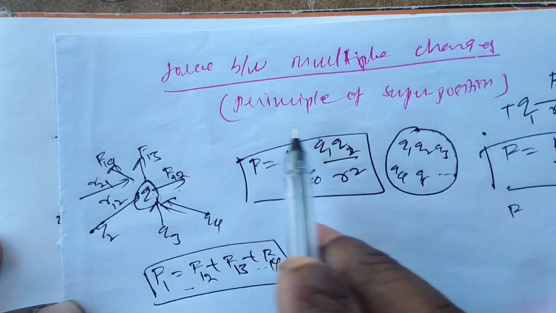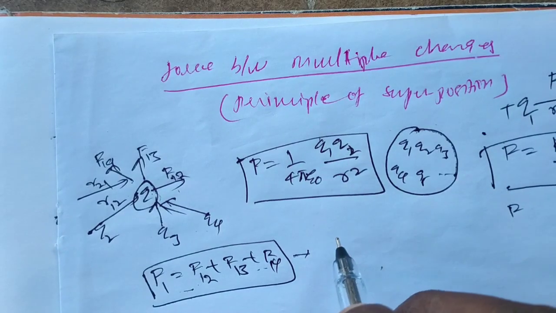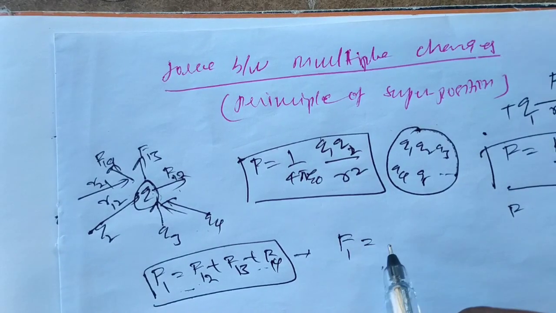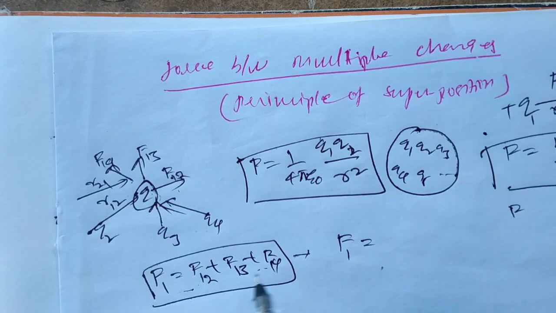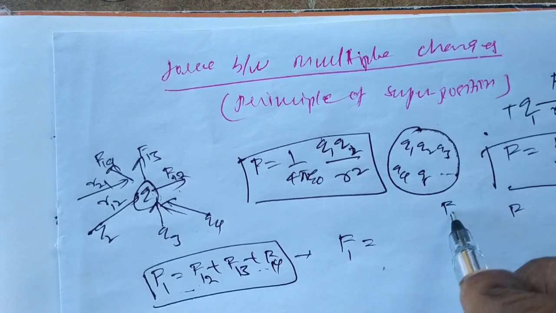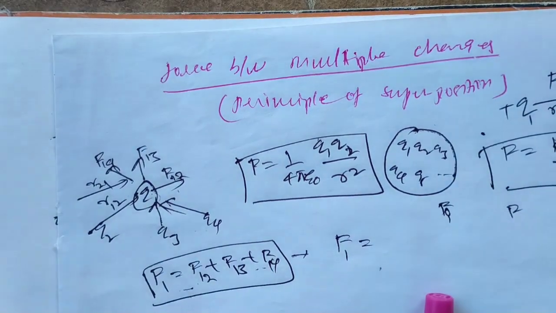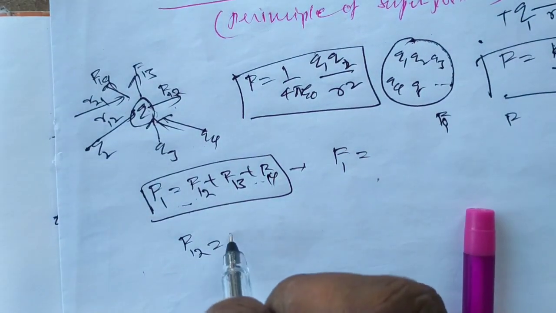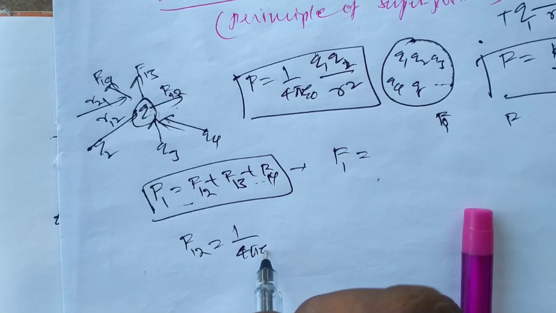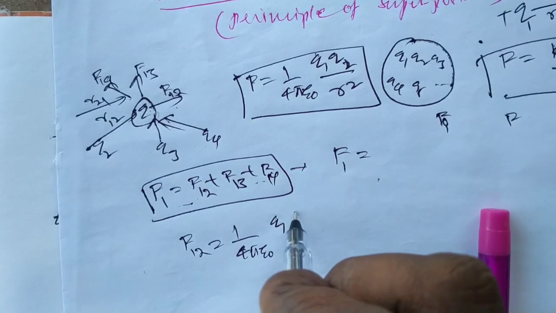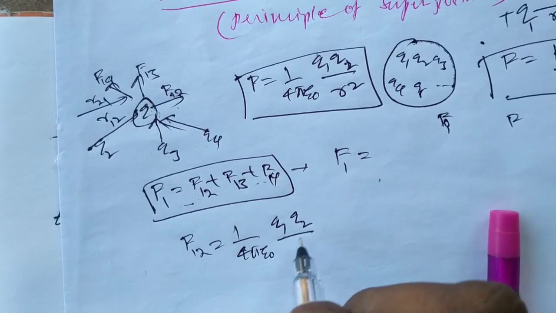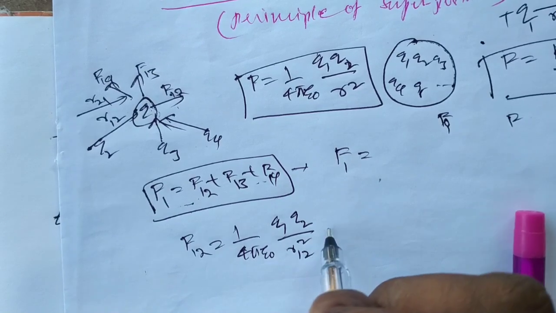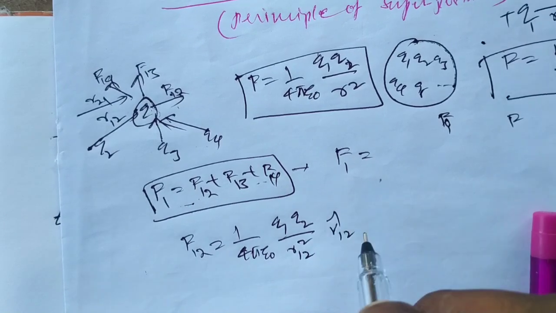Already I explained this. It can be written in the form of F12, F13. Here F12 is nothing but 1 by 4 pi epsilon naught, q1 q2 by r12 square, times r12 cap.